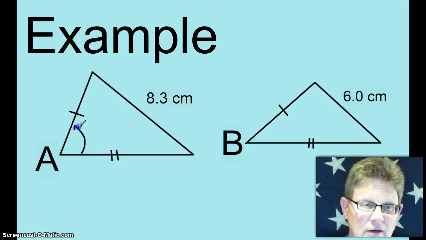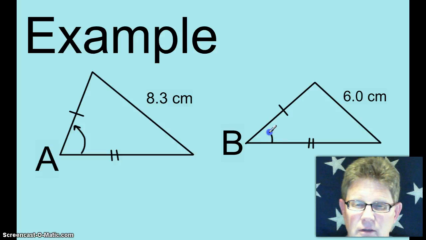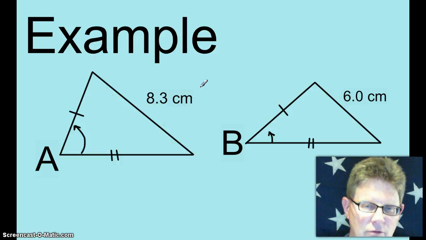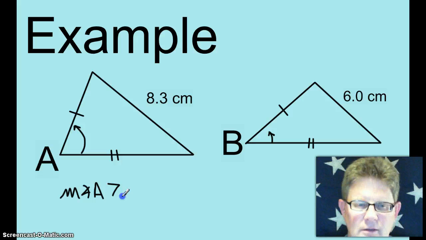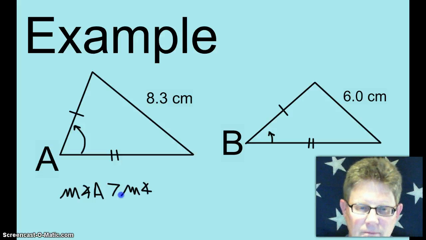This door right here has been opened up more than this one right here because the opening is less. So our great big conclusion is nothing other than the measure of angle A is greater than the measure of angle B.